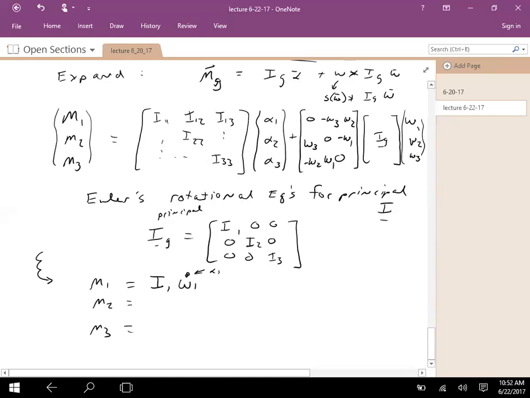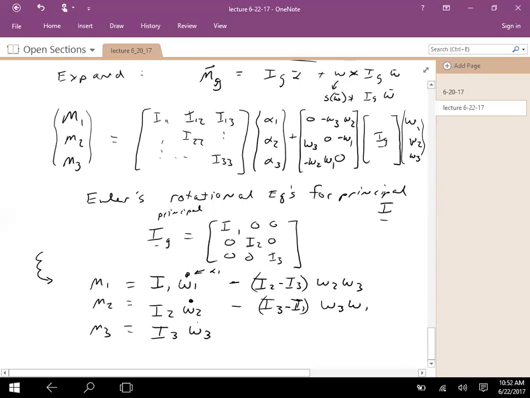It's just the time derivative of omega 1, minus I2 minus I3 times omega 2 omega 3. M2 is I2 omega 2 dot, and again, omega 2 dot is alpha 2, minus I3 minus I1 omega 3 omega 1. You can see a little bit of a symmetry or a pattern here.